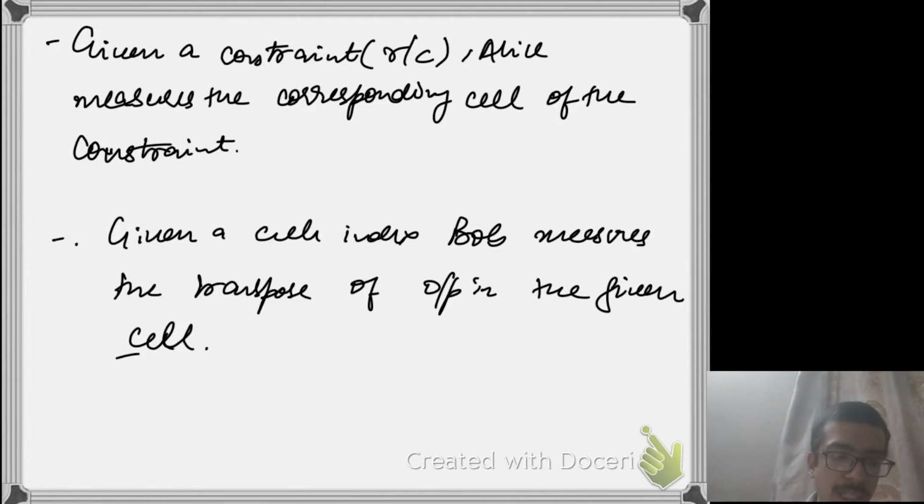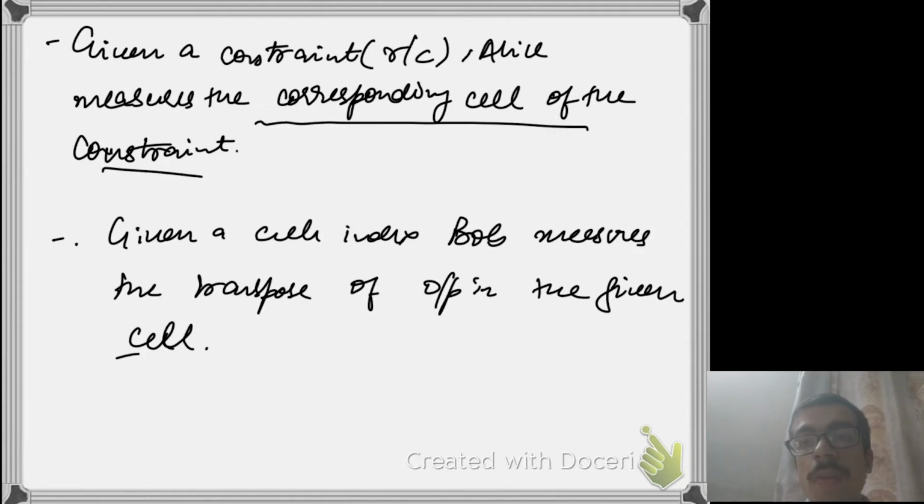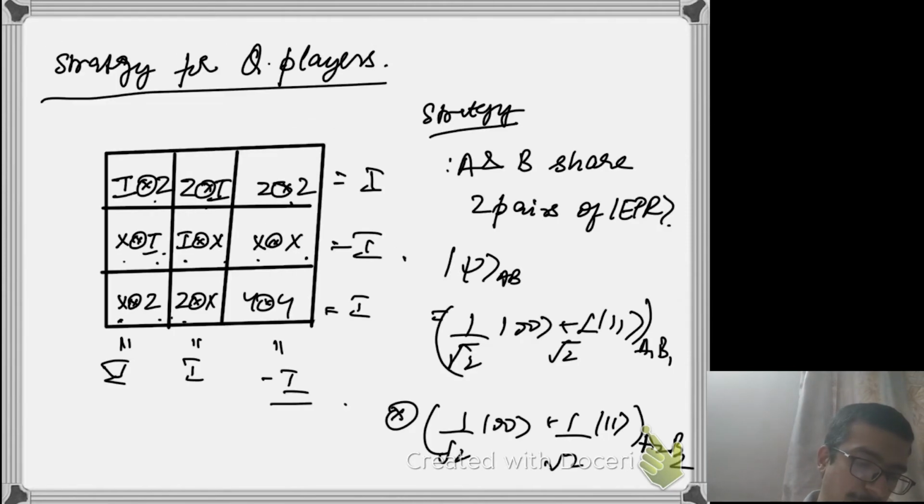Note that when we say Alice measures the constraint, and it is measuring all the cells in the given constraint, these measurements are being performed on the same set of qubits. So Alice only has 2 qubits, and each of these measurements is also a measurement on 2 qubits. So Alice uses the same state and performs repeated measurements on the same state itself, right?